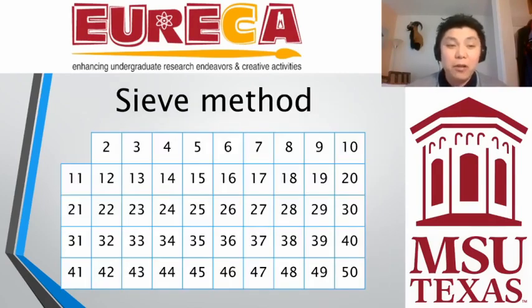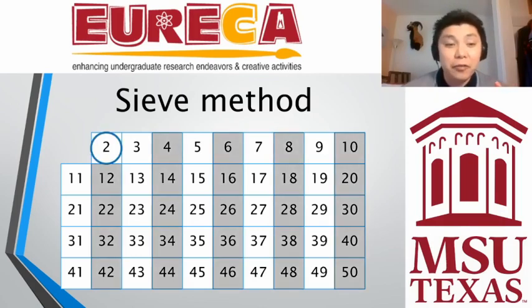So here's an example of how the Sieve of Eratosthenes works. Let's say I want to find prime numbers up to 50. I will make a table up to 50 and I do not include 1 because 1 is neither prime nor composite. Then first I will mark the least number, which in this case is 2. Then I'll remove all the multiples of 2.